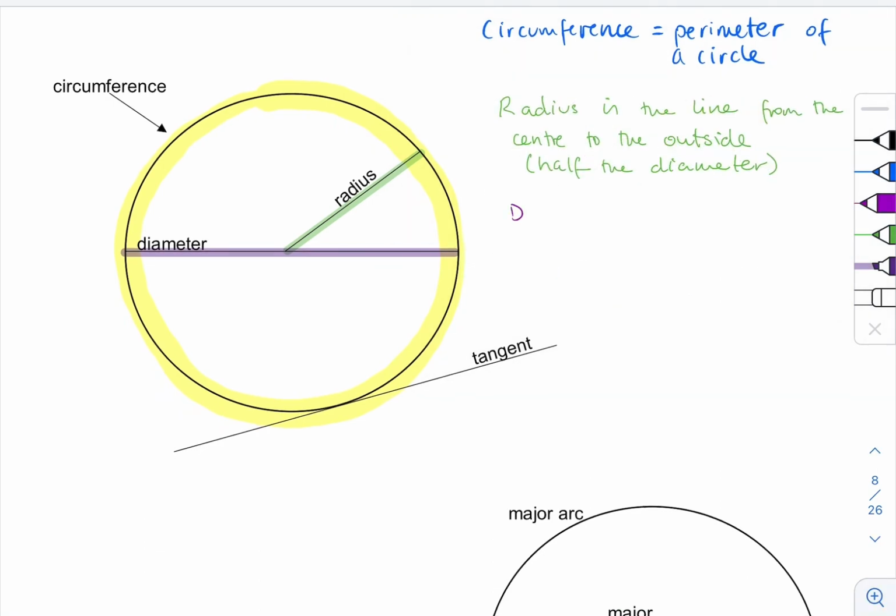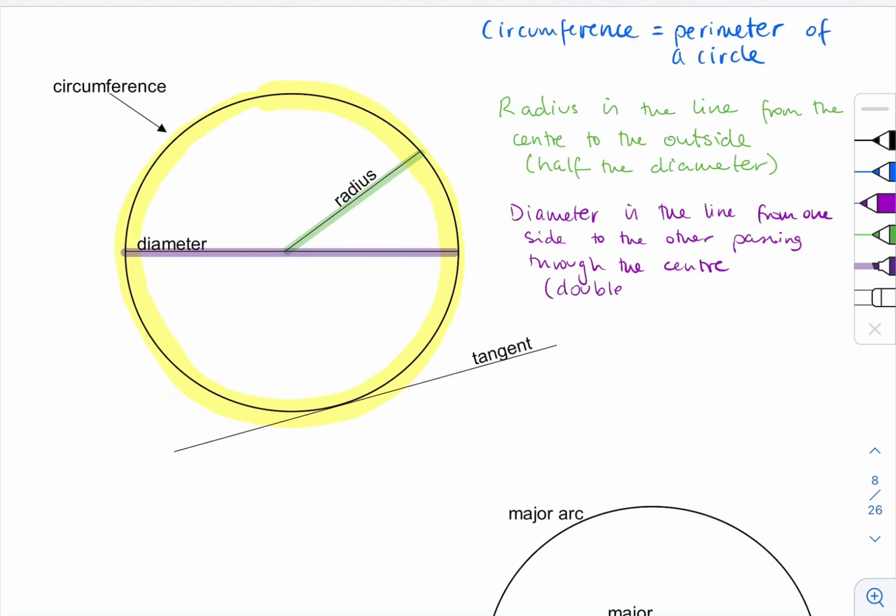So diameter is the line from one side to the other, passing through the center. And you can also put in brackets if you want, it is double the radius.